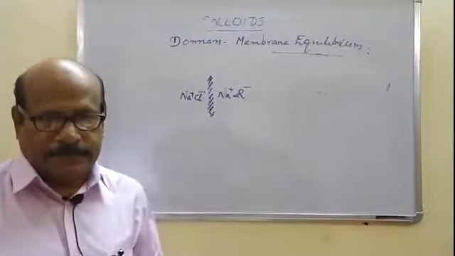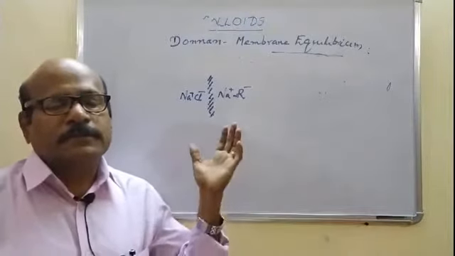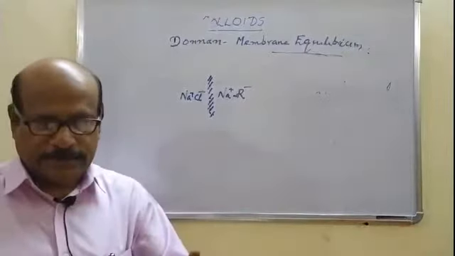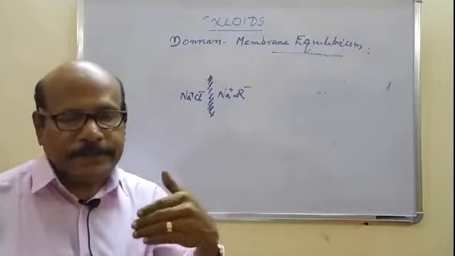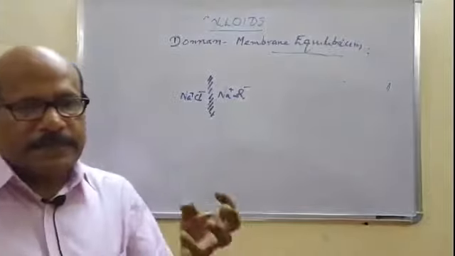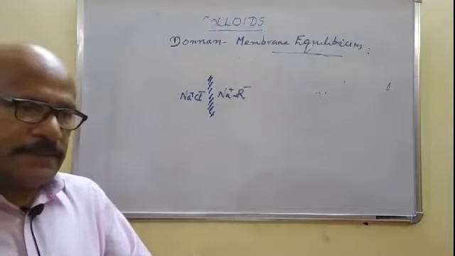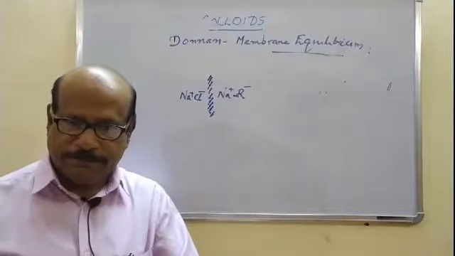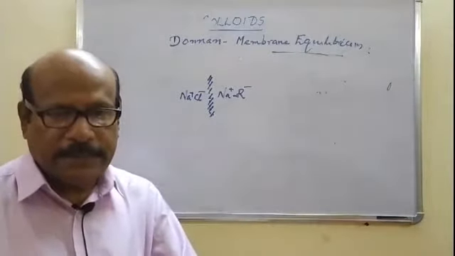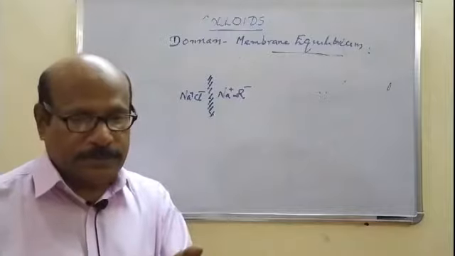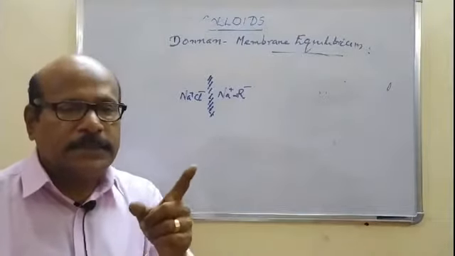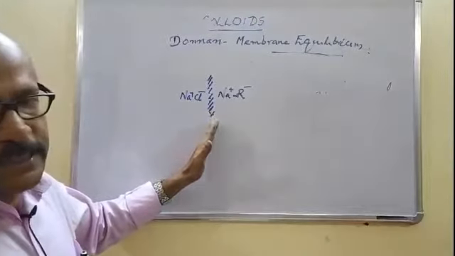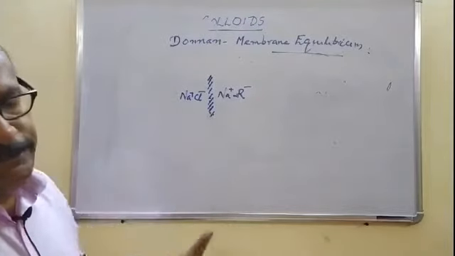This type of equilibrium arises when a salt containing diffusible ions is separated from another salt containing a large non-diffusible ion with a dialyzing membrane in between.